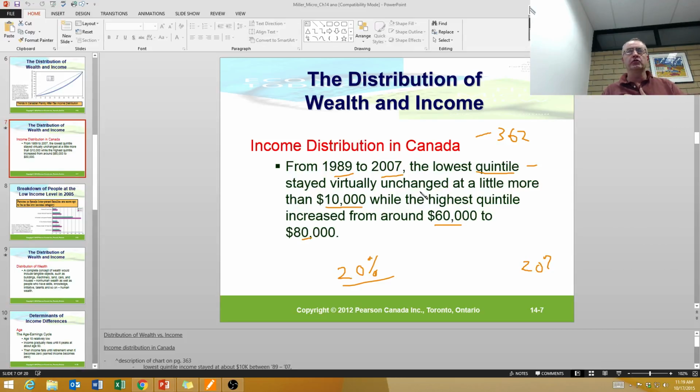And then the question is, why did the wealthiest segment of society have such a large increase in income, whereas the poorest 20% stayed fairly constant in constant dollar terms?